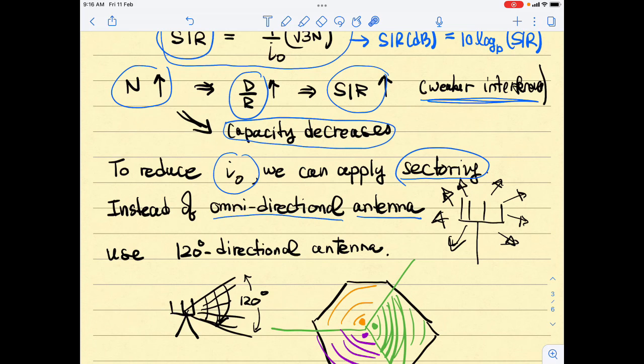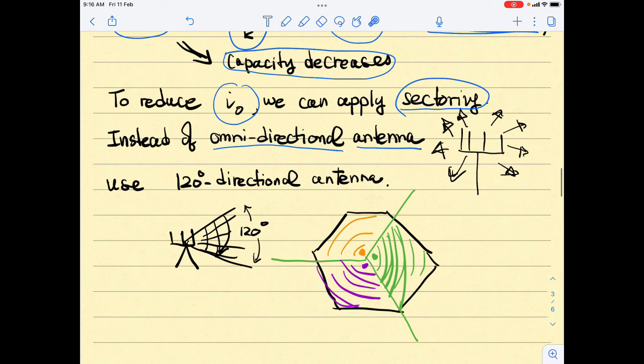Okay. Now, instead of doing that, if we use a directional antenna, that is an antenna that is able to send the signal in a certain angle only, right?